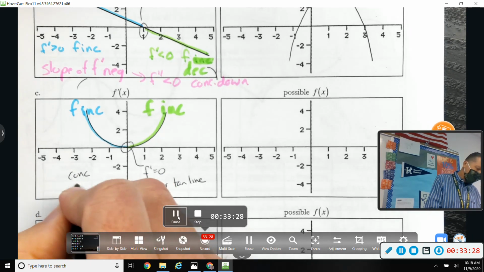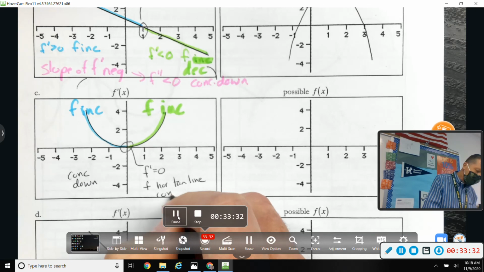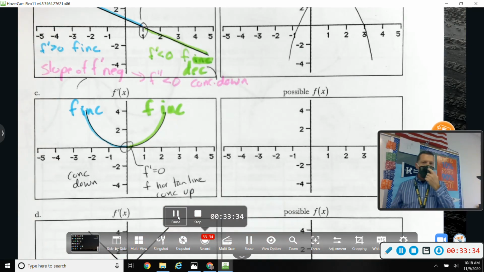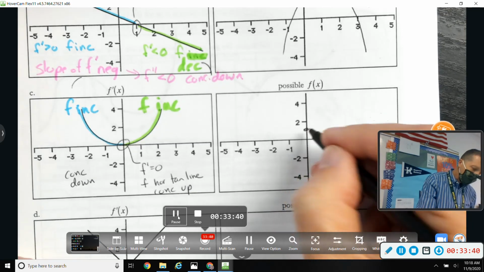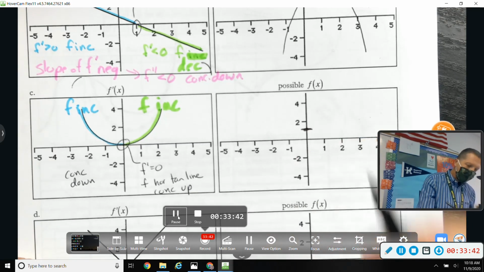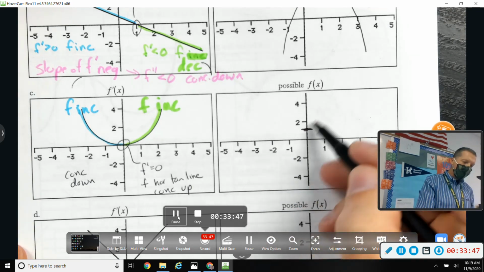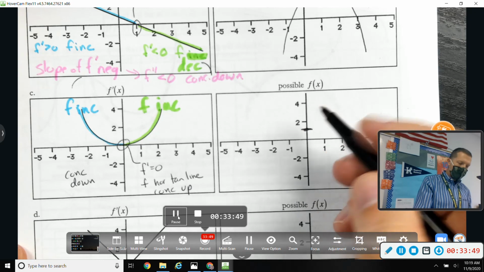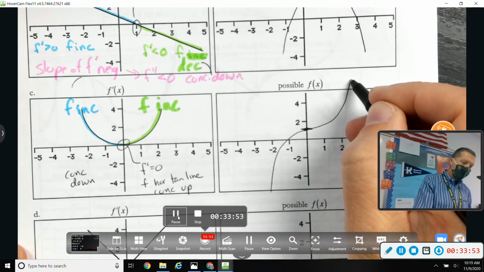This side we're concave down because f prime is decreasing. This side is concave up. Now it says possible because I don't know where this is up and down. So just somewhere at 0, when x is 0, there's a horizontal tangent line. I'm increasing the whole way, but I need to be concave down and then concave up.